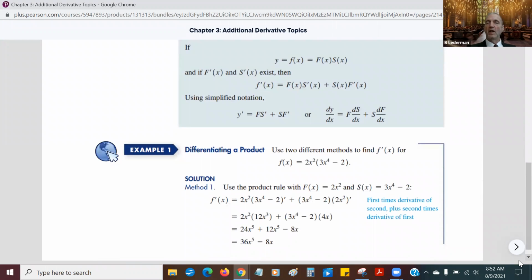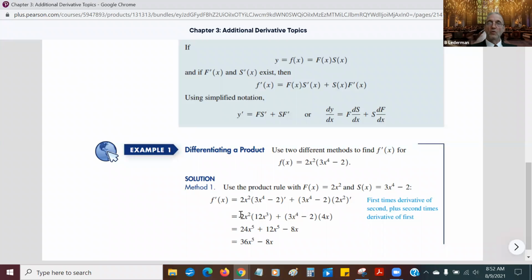Okay, so here we have a product, 2x squared times 3x to the fourth minus 2. Now we could do this without the product rule. We could just multiply everything out and do it that way. In fact, we will, just to show you that you get the same answer. But let's do it with the product rule.